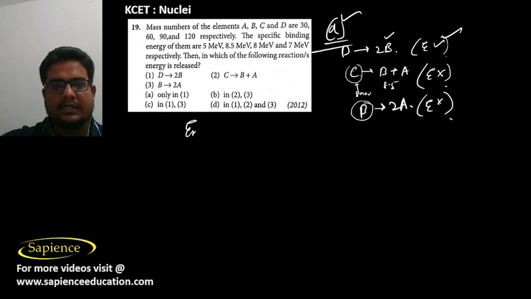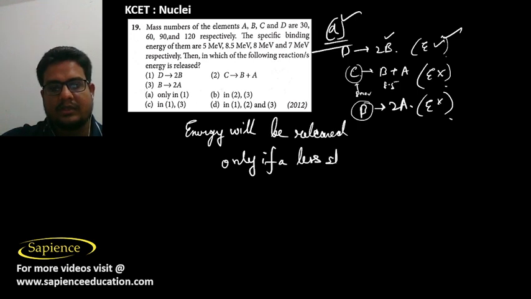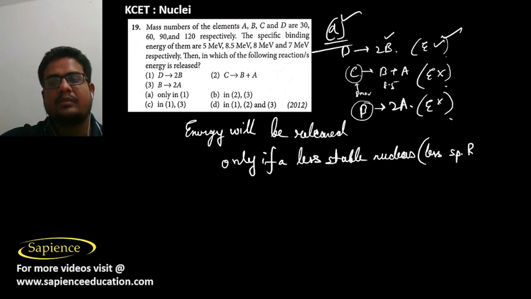That means the rule is that energy will be released only if a less stable nucleus, having less value of specific binding energy, goes to a more stable nucleus.